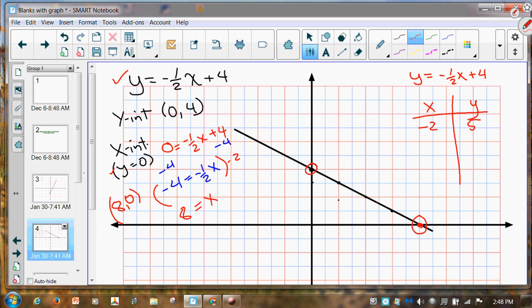And if I plugged in minus 1 for X, I would get plus 1/2 plus 4, which is 4.5. And if I plug in 0 for X, I would get 4, which we already saw with the Y-intercept. And so forth, 1, 2. I could plug those values into the equation.